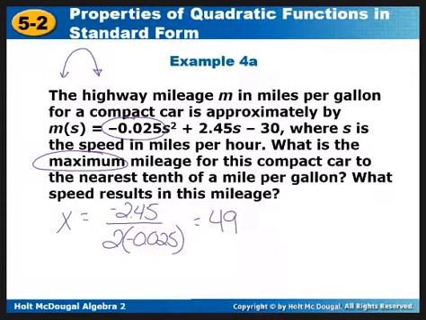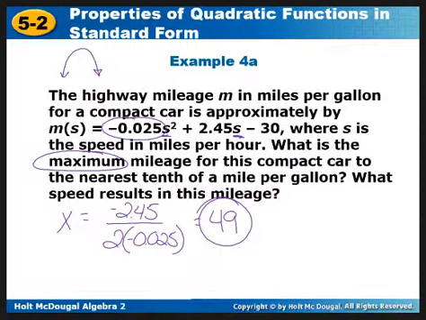I have to find the Y coordinate of my vertex, so I'm going to take this number and fill it in for S. Again, using your calculator is probably your best bet on this. So I'm going to take 49 and square it, and then take it times negative 0.025, which gives me right around negative 60, or negative 60.025.